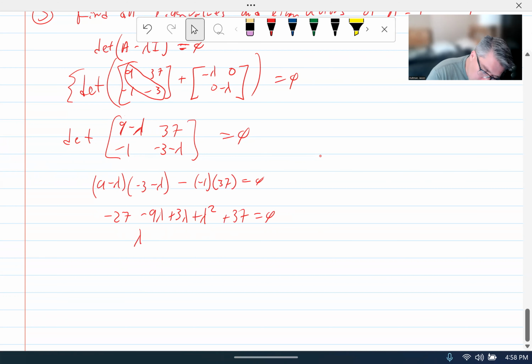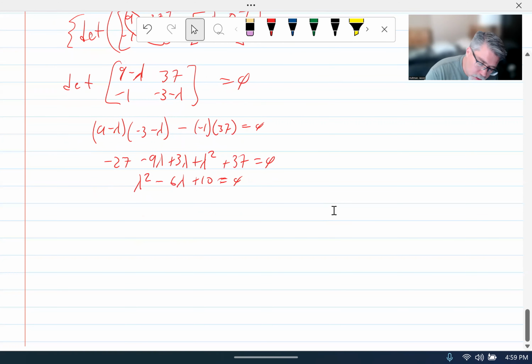Okay, so this becomes lambda squared minus 6 lambda plus 10 is equal to 0. This doesn't factor, so let's just use the quadratic formula on this.